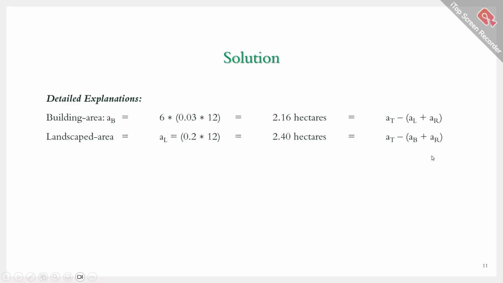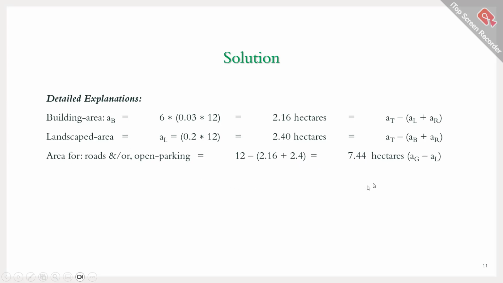Okay. Now next, area for roads or open parking will be the total area 12 hectares minus the sum of these two areas. That is 2.16 plus 2.4, which equals 7.44 hectares.